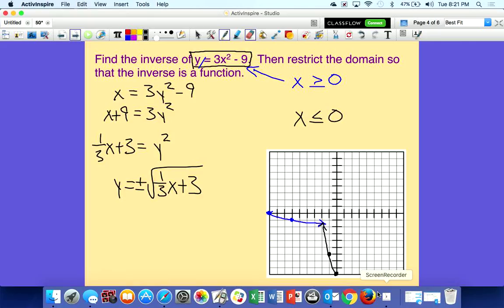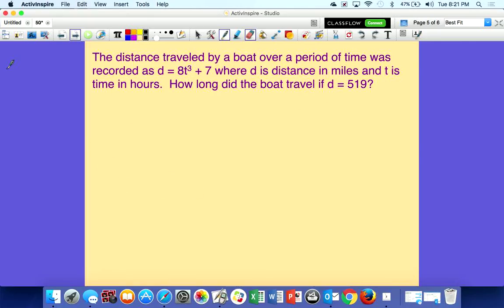Alright, next one. If you read through this, distance traveled by a boat over a period of time was recorded as that equation, where d is distance in miles and t is time. How long did the boat travel if d is 519? Well, any normal person would throw the 519 in for d and solve for t.